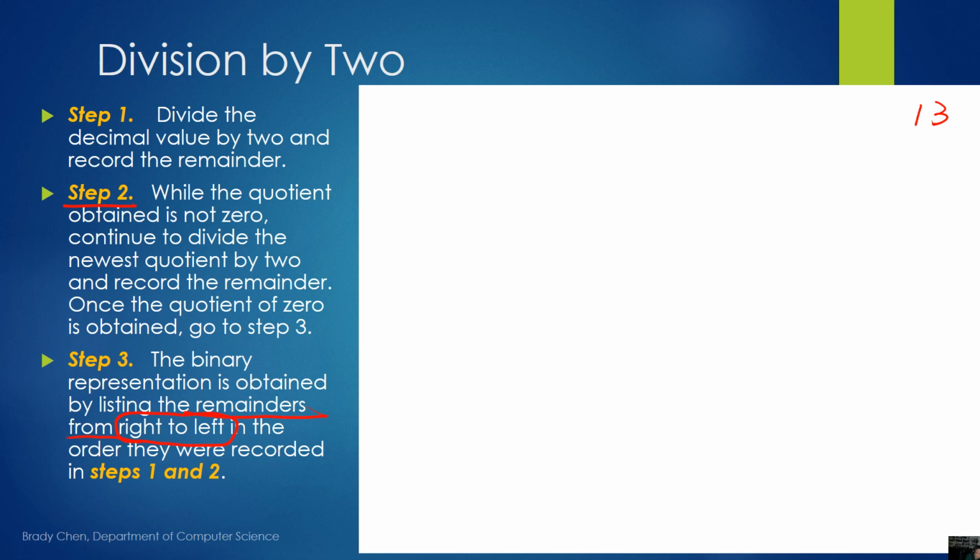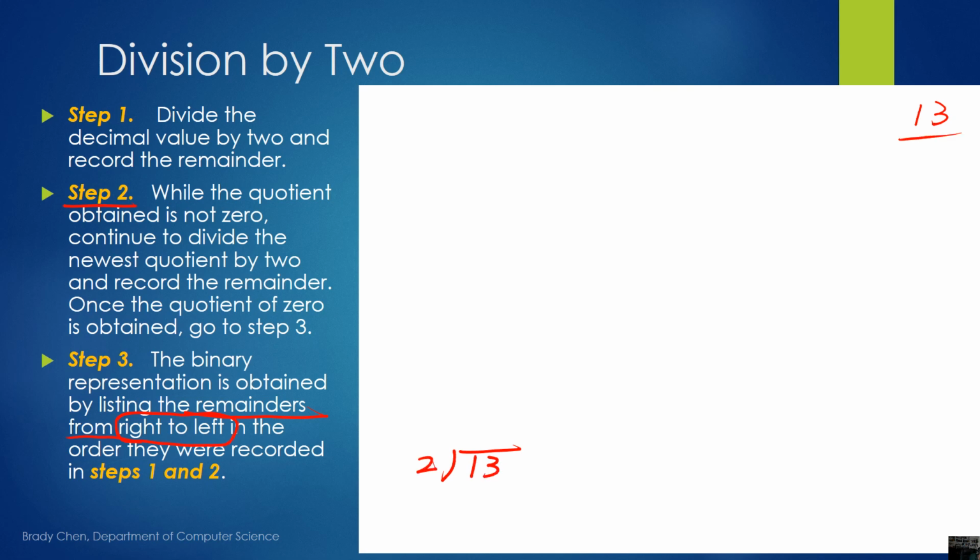Now let's do this. Step number 1, we divide 13 by 2, and then we continue to divide the quotient by 2 and repeat this process. We're going to start from the bottom. You will find out why we do this. So the decimal value is 13, divided by 2.